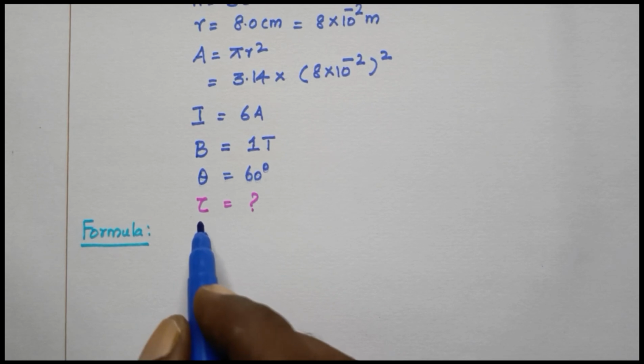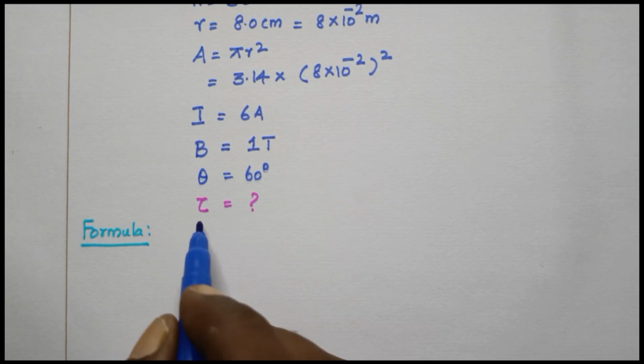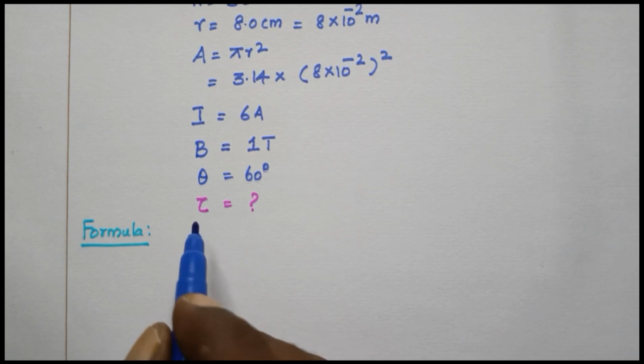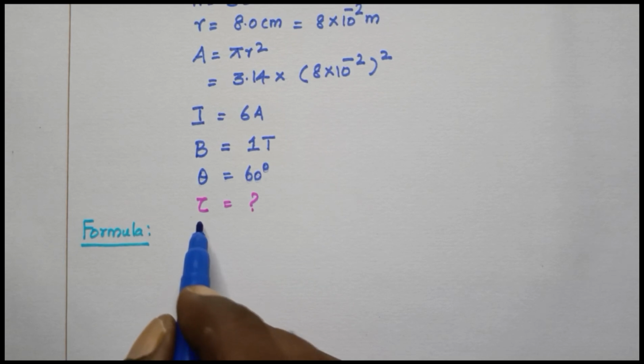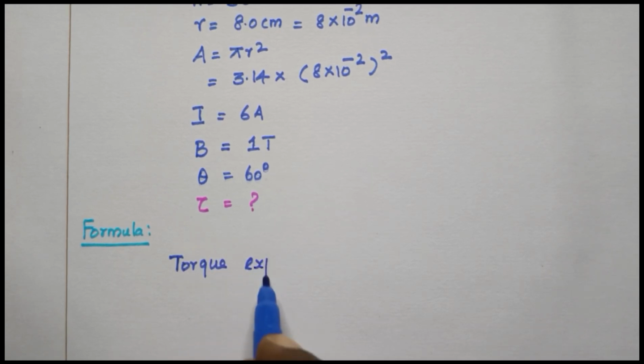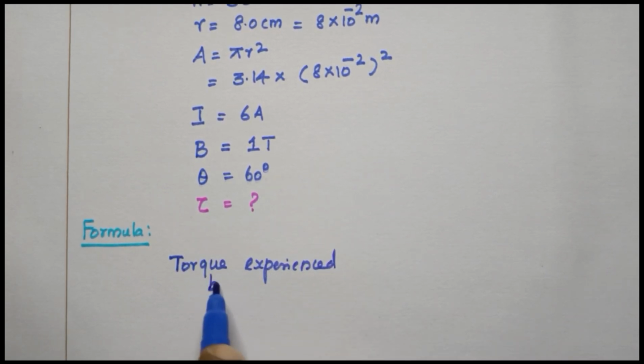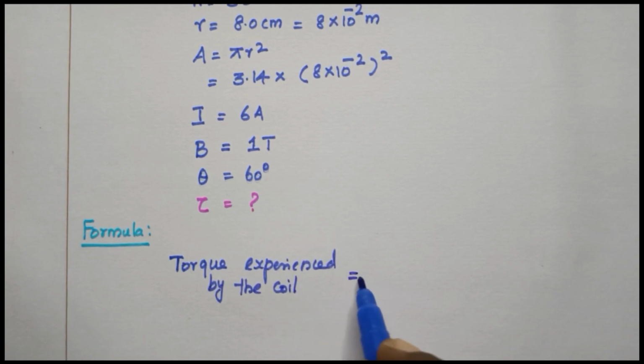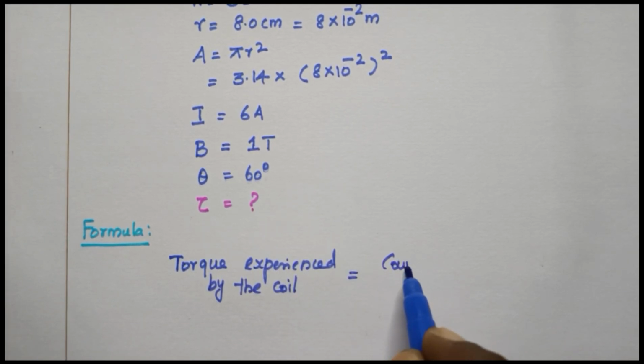When a coil is suspended in a magnetic field, it experiences a torque. So if we know the torque experienced by the coil, the same will be the counter torque that must be applied to prevent the coil from turning. So torque experienced by the coil will be equal to counter torque.